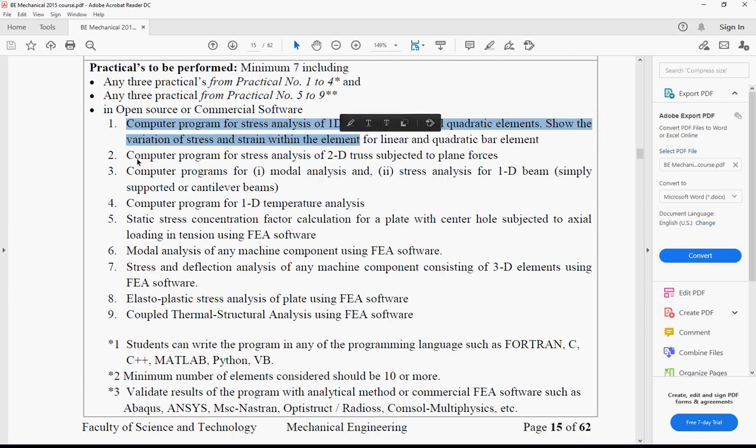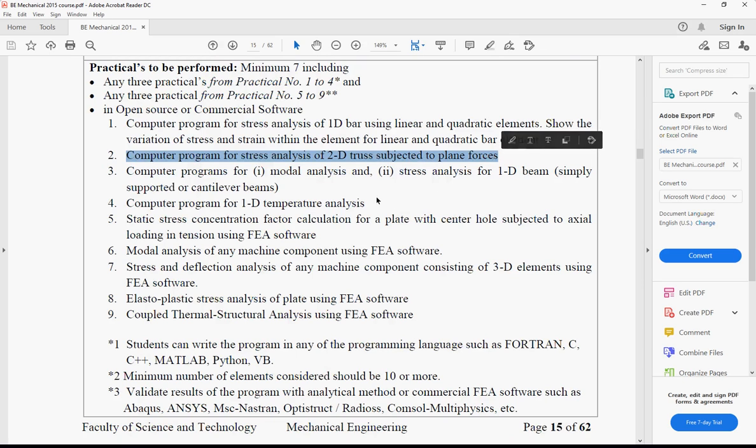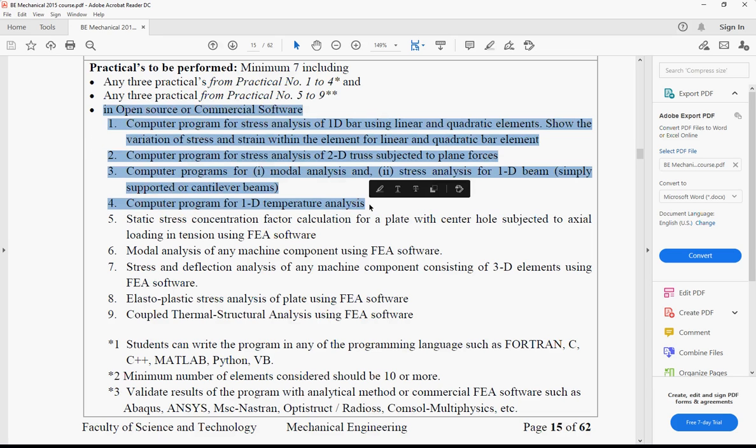Okay, the 2D truss program is already covered. Only the stiffness matrix you have to multiply, so this is also done. Now the computer program for modal analysis, this is the program which you have to do, and the computer program for 1D temperature is done. So this 4th part is covered.